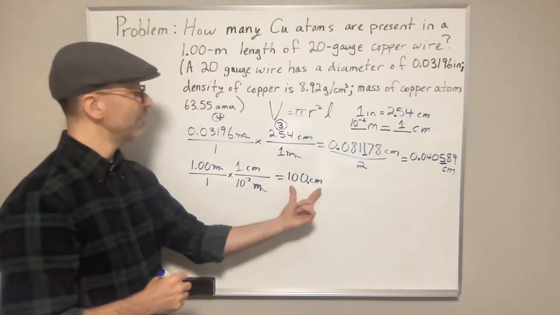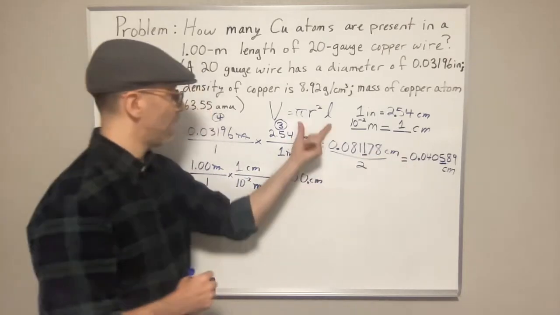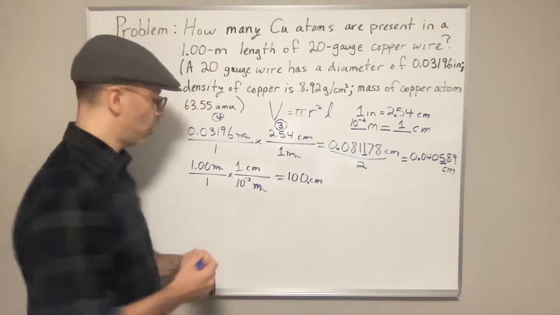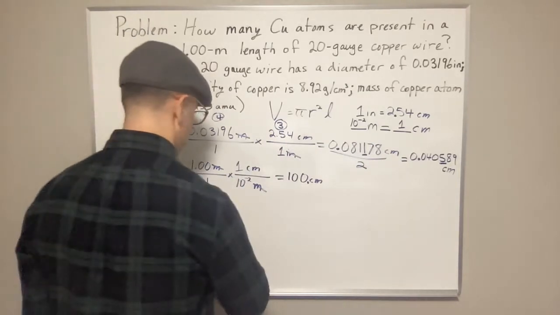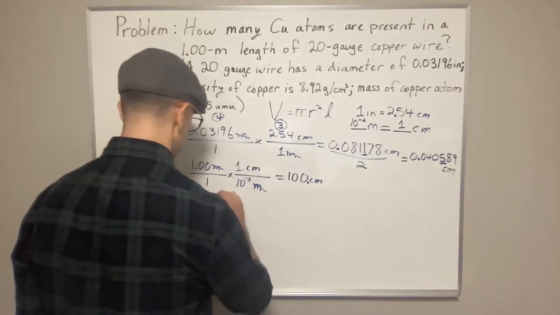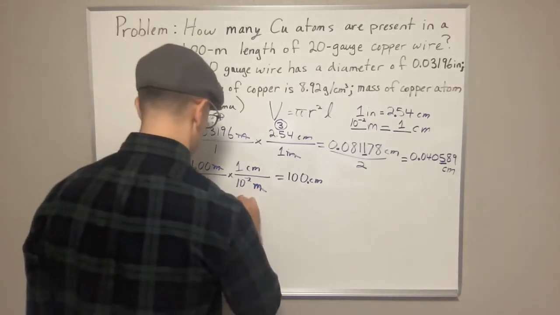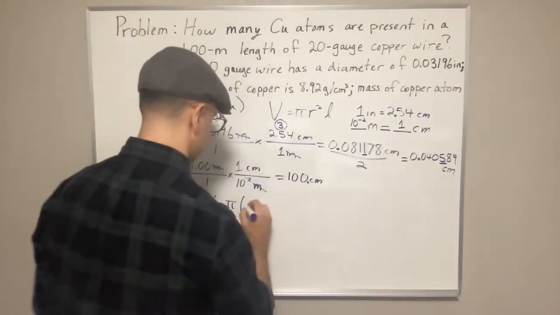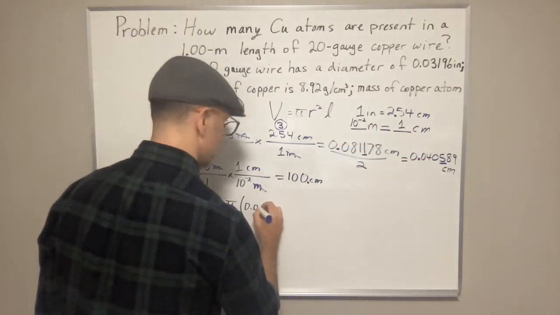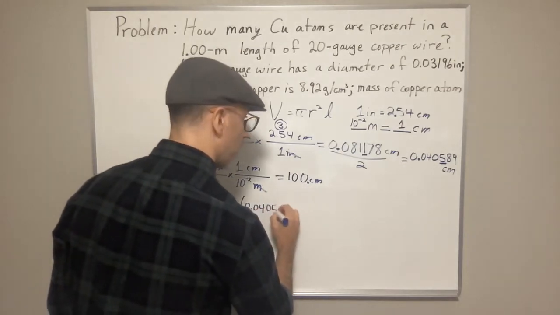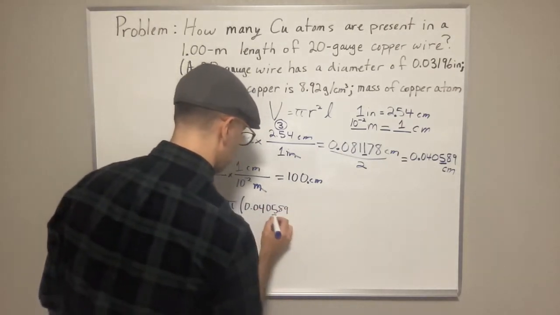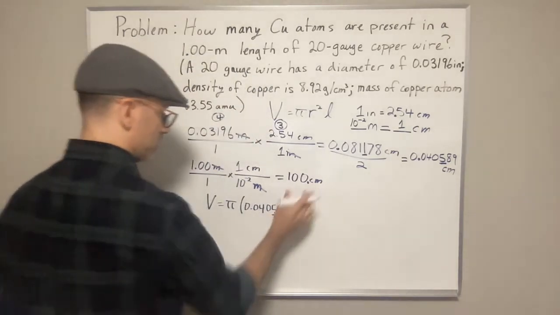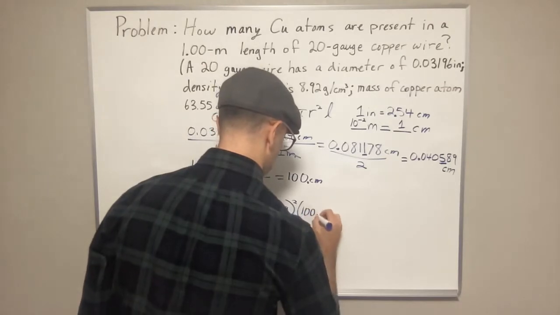Okay, so now I have the length, I have the radius, so now I can plug these values into my formula and calculate the volume. So let's go ahead and do that. So I have volume is going to be equal to pi times the radius squared, and the radius is this thing right there, 0.040589 squared, and then multiplied by the length, which is this right here, so 100 decimal point.